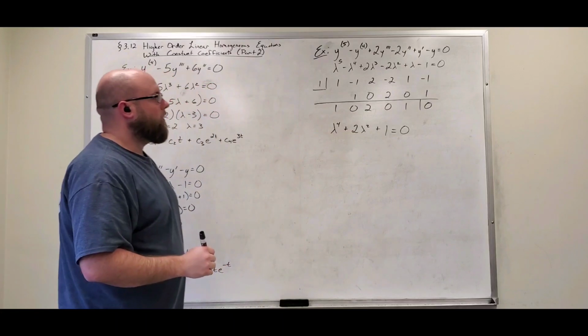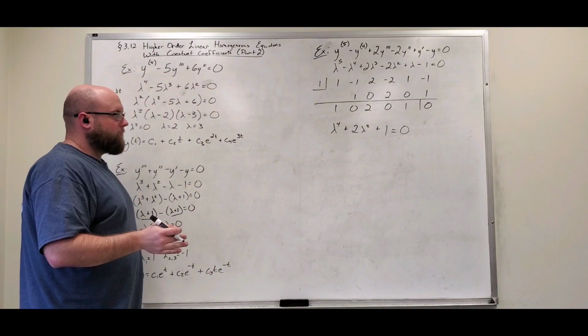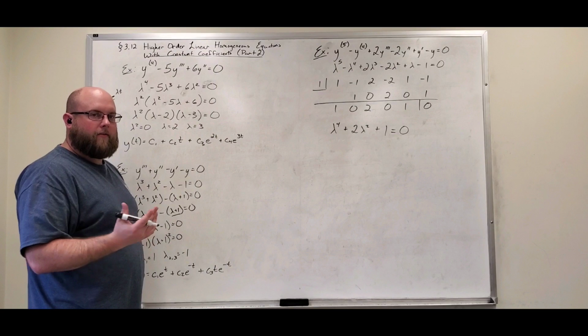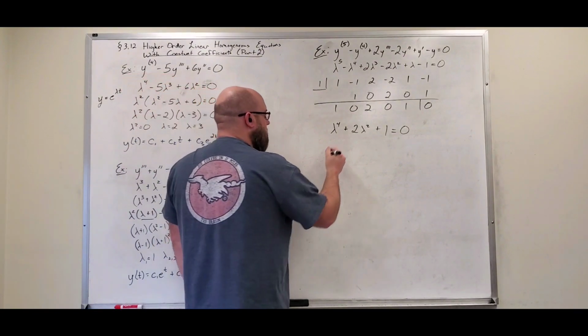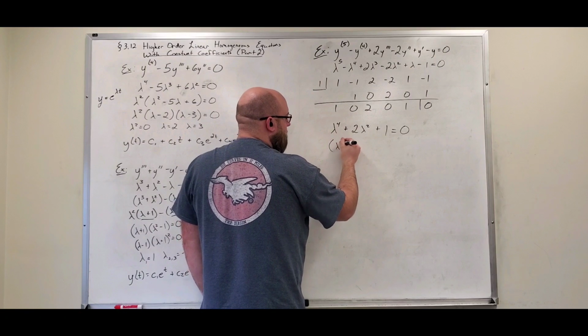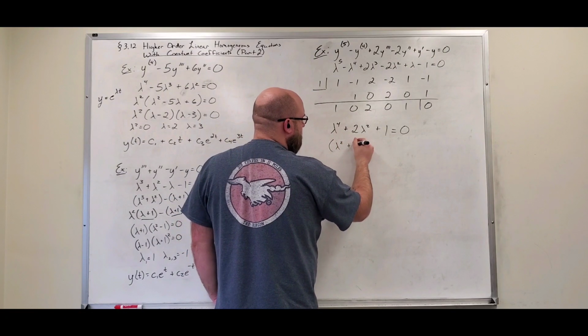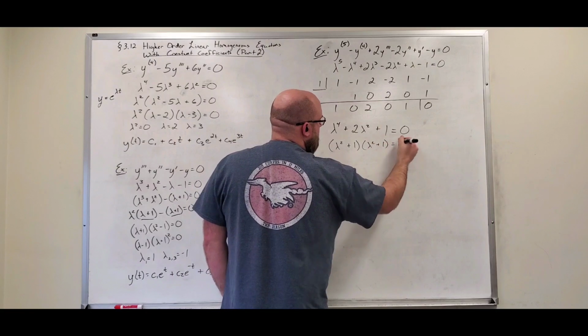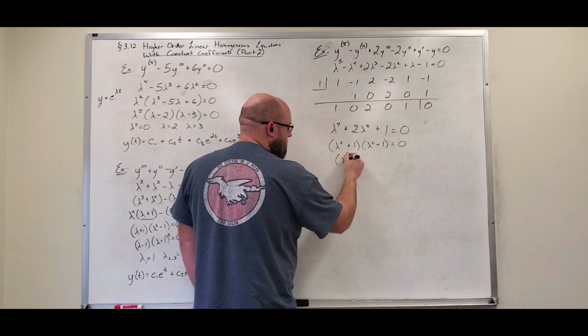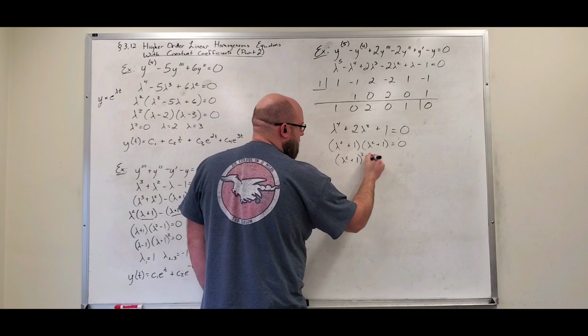Okay? So that means, well, this looks like a quadratic. Even though it's a fourth degree polynomial, we can still deal with this guy. All right? So this is lambda squared plus 1 times lambda squared plus 1. Well, another way to write that is lambda squared plus 1, the quantity squared, is equal to 0.